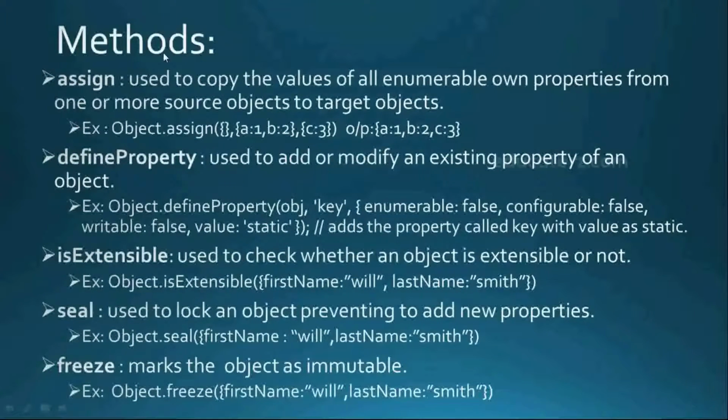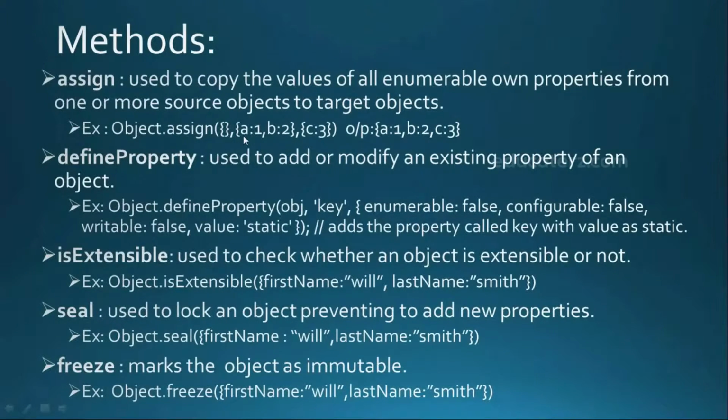So let's check some of the methods which are supported on this object constructor. Assign is used to copy the values of all enumerable own properties from one or more source objects to a target object. Here in this example, you can check that I am creating a new object based on the existing objects.